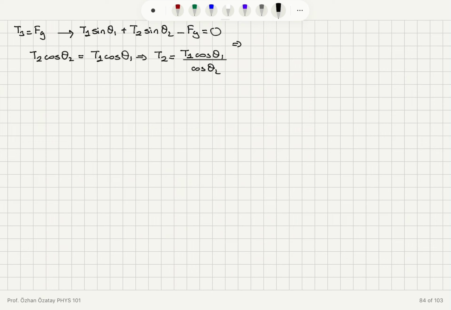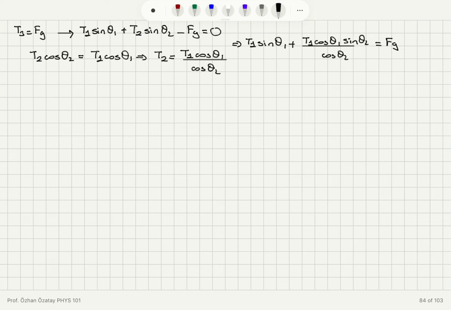So putting this together, we have T1 sine theta 1 plus T2 sine theta 2. For T2, I substitute what I have found here, T1 cosine theta 1 multiplied by sine theta 2 divided by cosine theta 2, and then minus Fg equals 0, so this is equal to Fg.